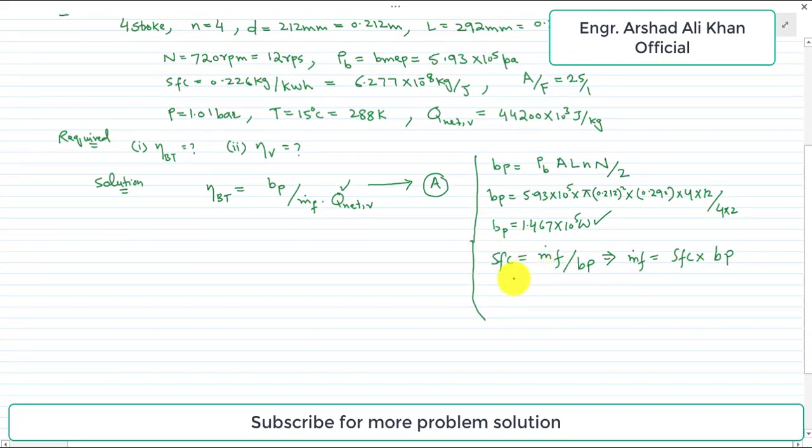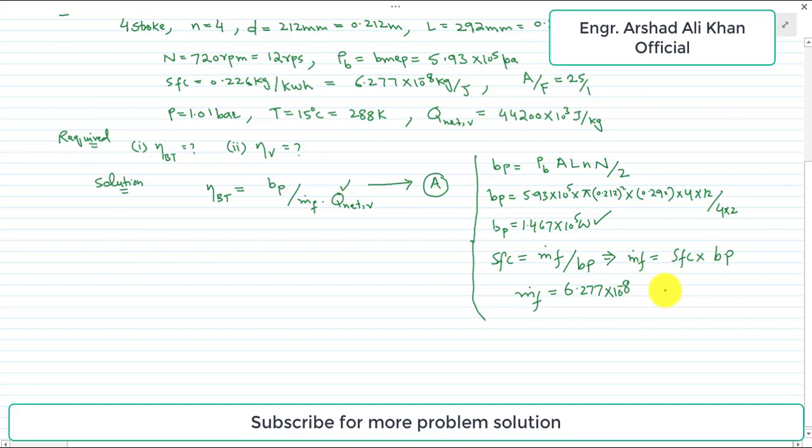Now putting the values, SFC is 6.277 into 10 raised to power minus 8.